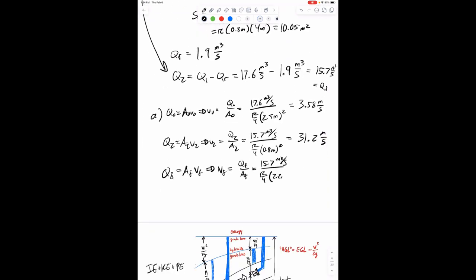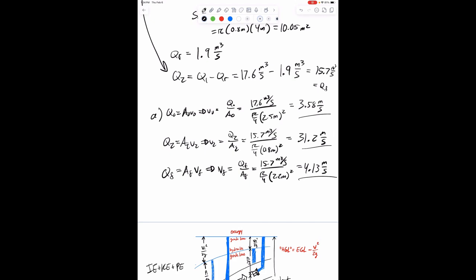That is equal to 4.13 meters per second. So we solved for the velocity at each of these locations that we care about using Reynolds transport theorem and conservation of mass. Any questions on that?